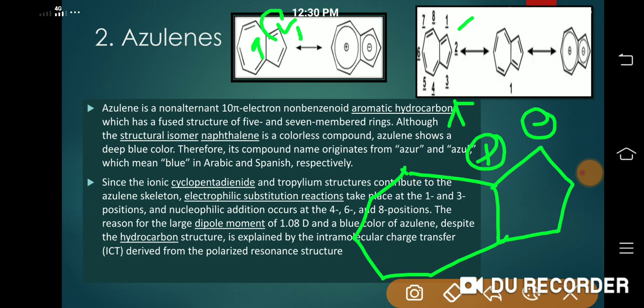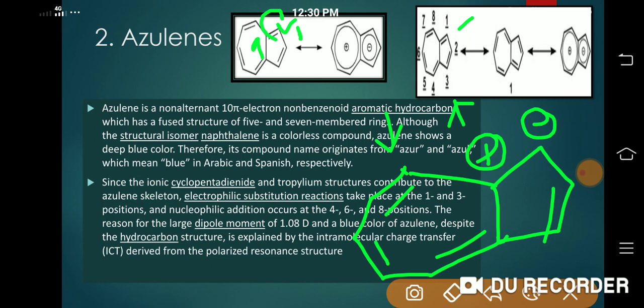So, this charge separation will show that this is a cyclopentadienyl anion and this system is a cycloheptatrienyl cation, that is a tropylium ion. Hence, that becomes aromatic in nature. Hence, these are stable, these are the aromatic hydrocarbons.